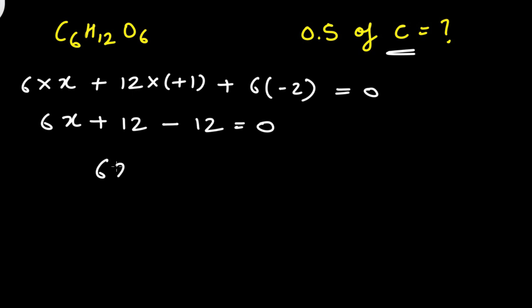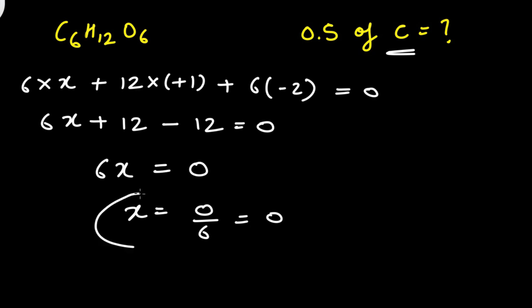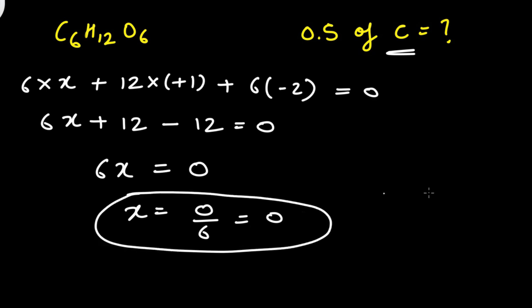It gives 6x is equal to 0. So x is equal to 0 by 6, which is 0. So the oxidation state of carbon in C6H12O6 is 0.